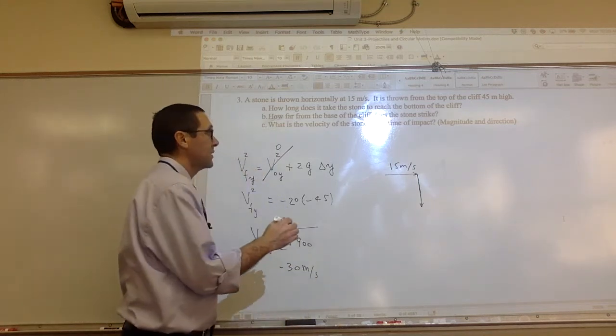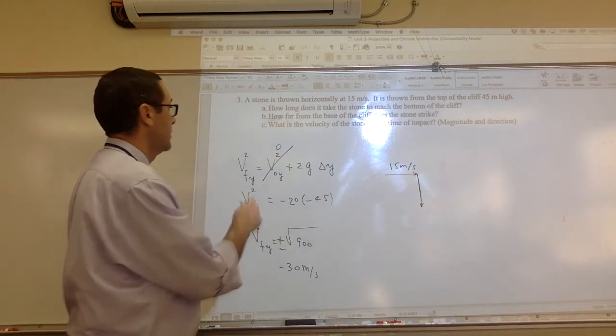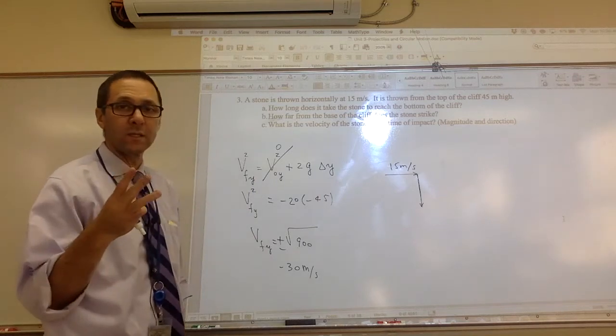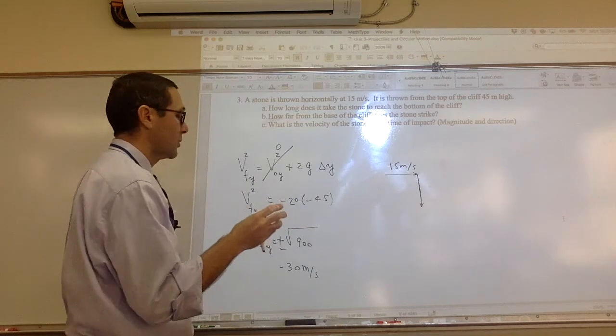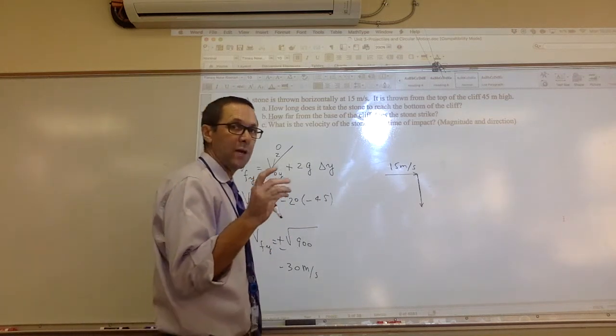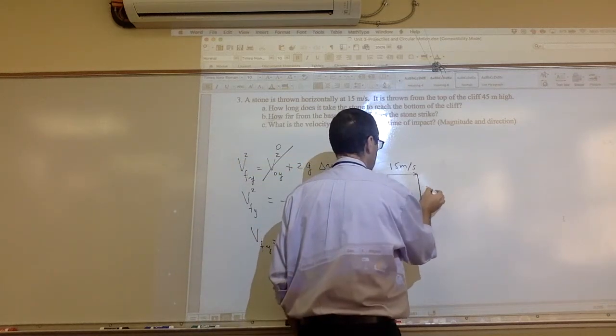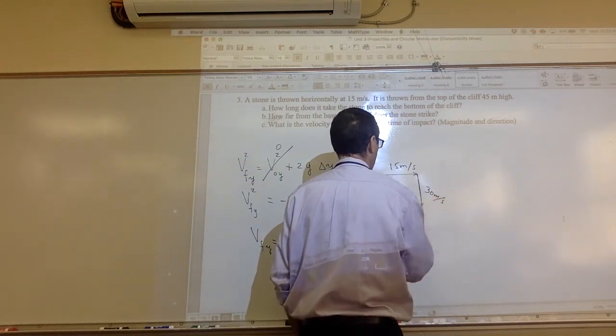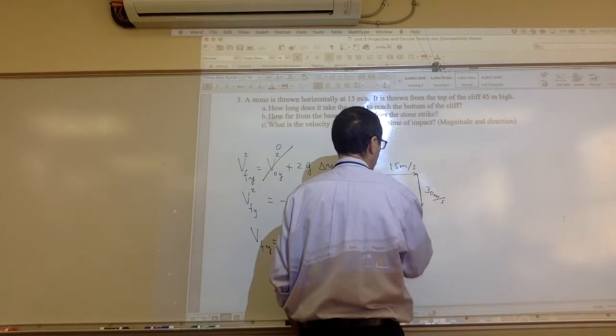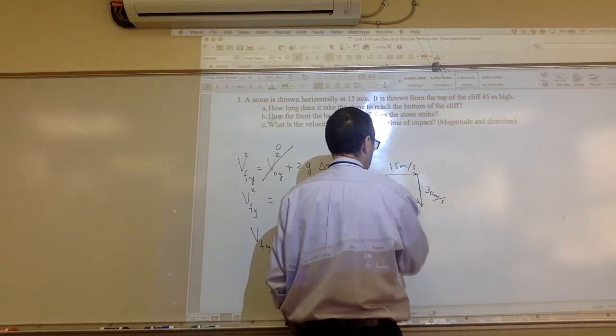Now we could have done that without doing all this math, because we know that it drops for 3 seconds, and every second it picks up an extra 10 meters per second in the negative direction. So this is 30 meters per second in magnitude, and all you have to do is find out what this resultant here is.